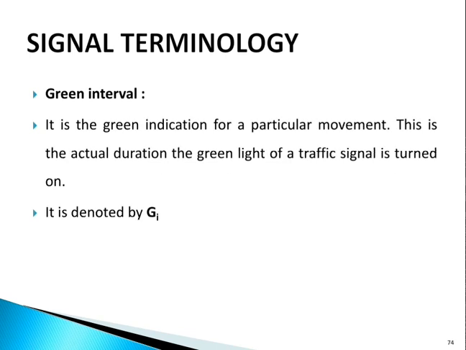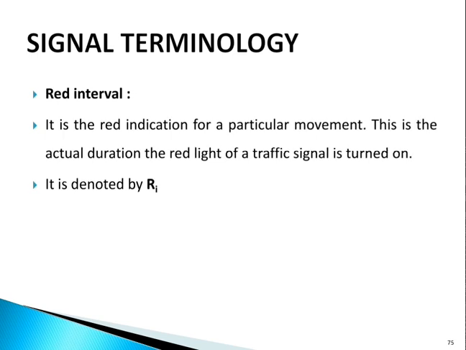Next is green interval. It is the green indication for a particular movement. This is the actual duration the green light of a traffic signal is turned on, and it is denoted by GI. Next is red interval. It is the red indication for a particular movement.